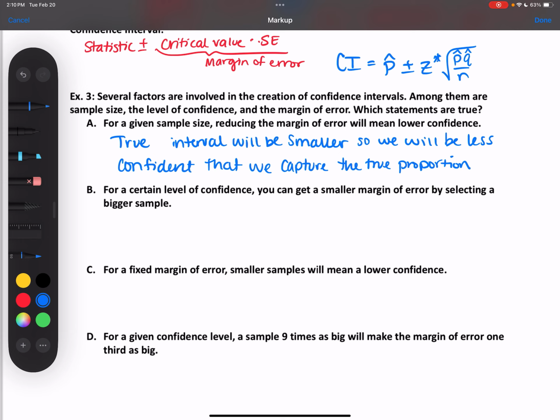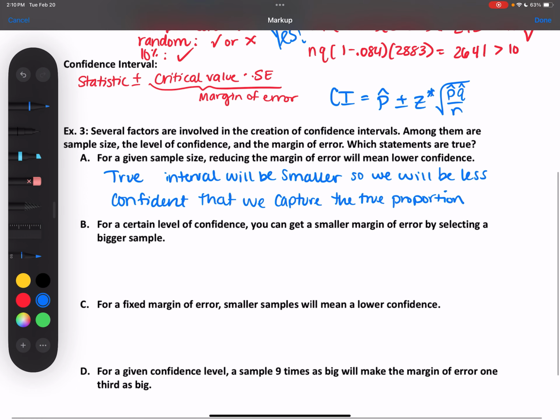For a certain level of confidence, you can get a smaller margin of error by selecting a bigger sample. You may want to think about this by plugging in a hypothetical smaller sample to your formula, or a bigger sample, and see what happens.